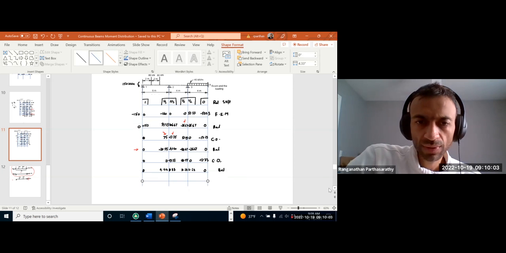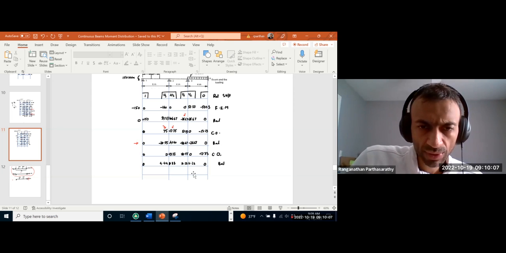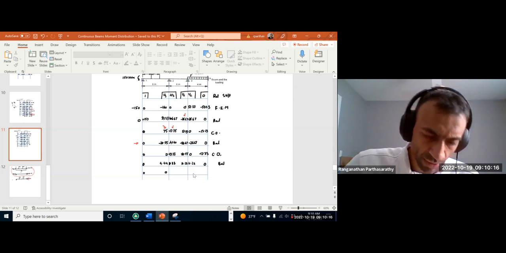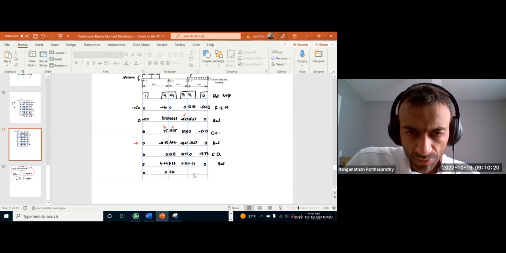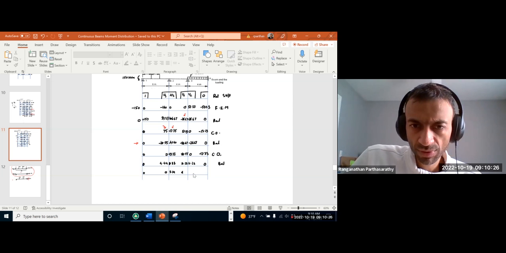Okay, so now we have the carryover step. Nothing carries over here, nothing carries over here. Here, 10.28 over 2, 5.14 carried over here. And 8.88 over 2, 4.44 carried over here.